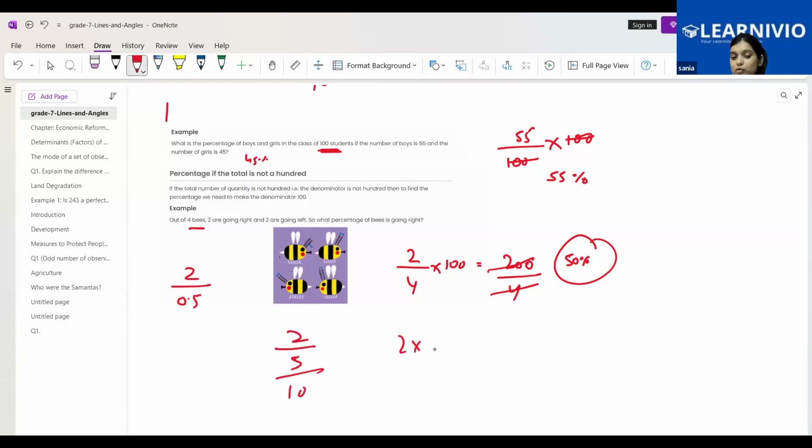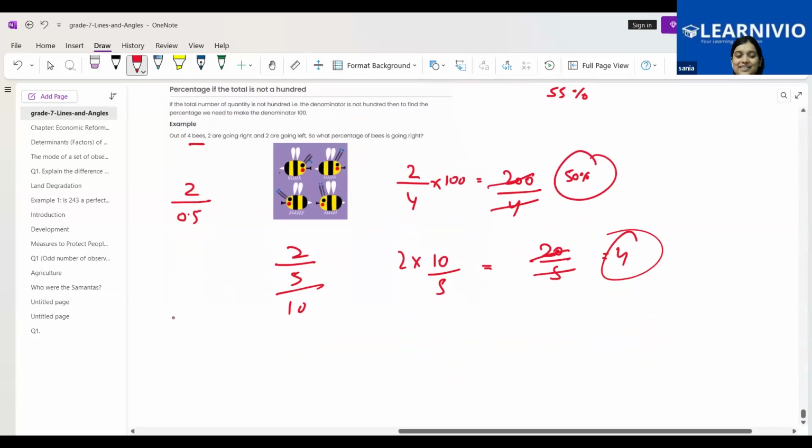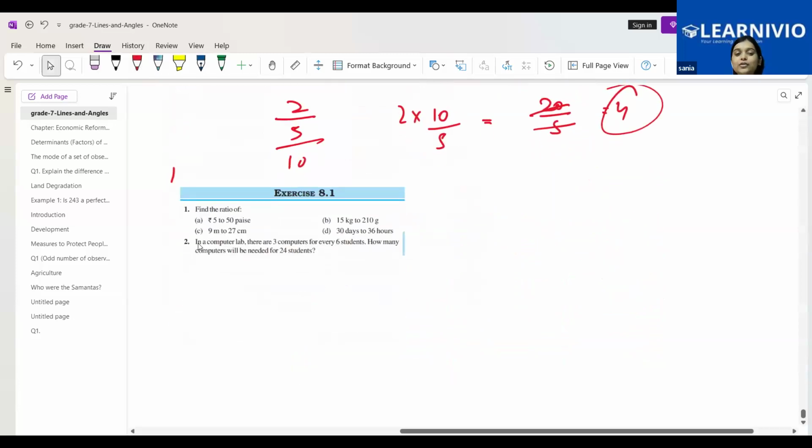So it goes 2 multiplied by 10 by 5. So it goes 20 divided by 5. So the answer is 4. Oh, it's because we convert the decimal into a fraction and then we take the reciprocal. Exactly. Got it? Oh, I understand now. It makes sense now.